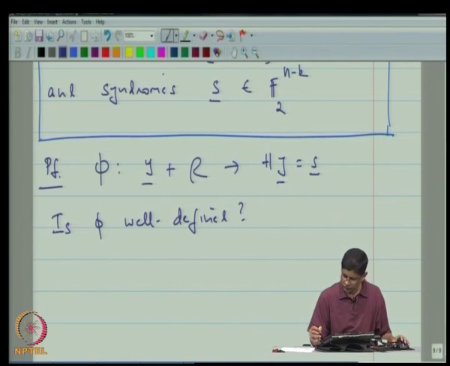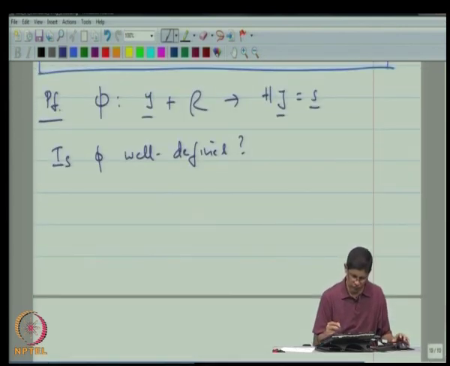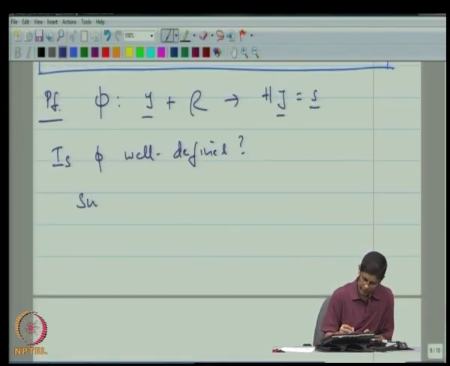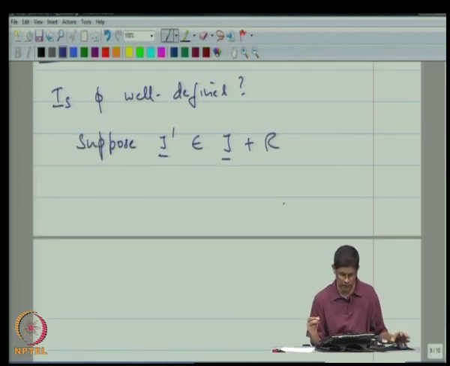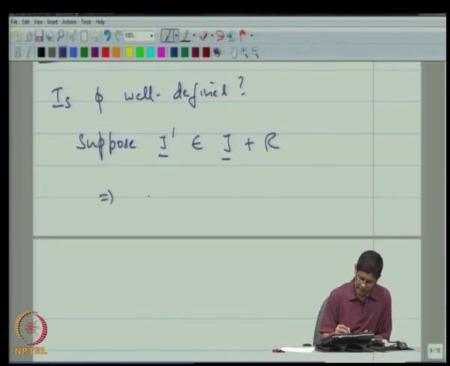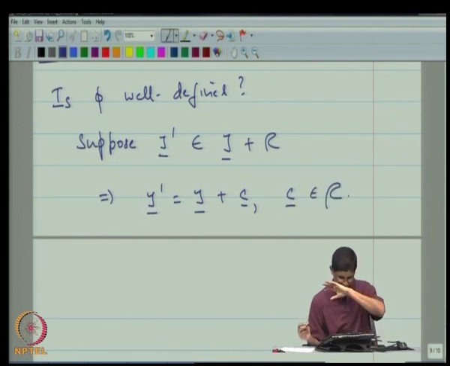Okay. So, for that what you need to check is, suppose y prime also belongs to y plus c, the same coset, which means that y prime is equal to y plus c, where c is some code word in script c.